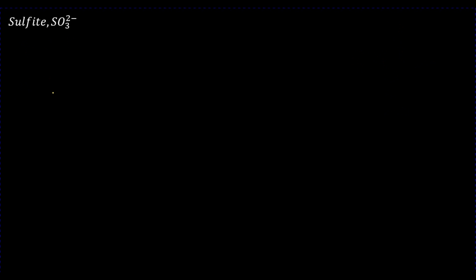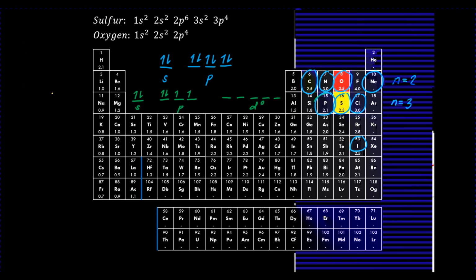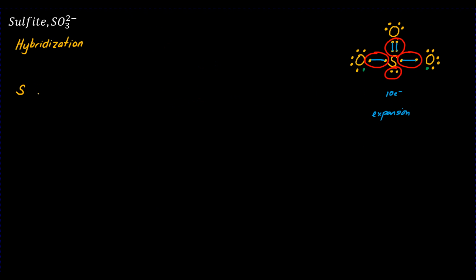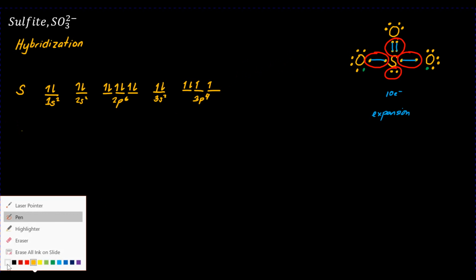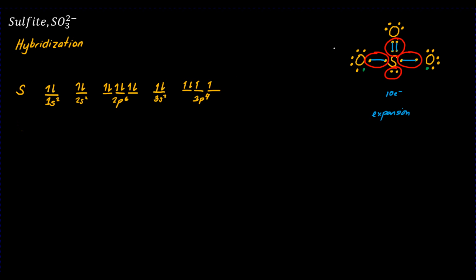For sulfur, we know that this is the electronic configuration, but we need the orbital notation. So for sulfur, 2, 3, 4. There you go. Now, to avoid confusion, let us assign this oxygen as oxygen number 1.